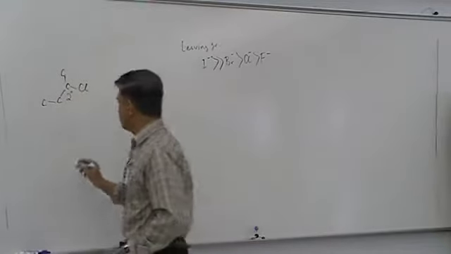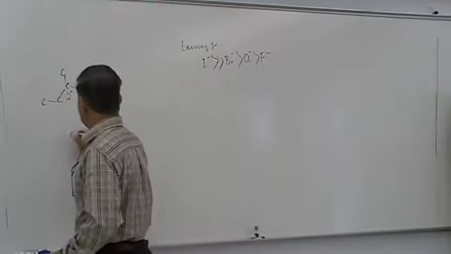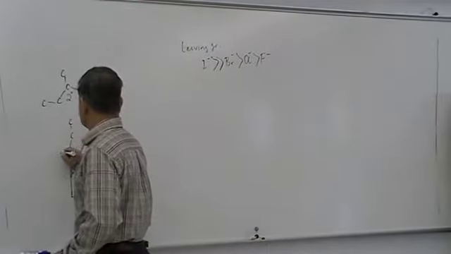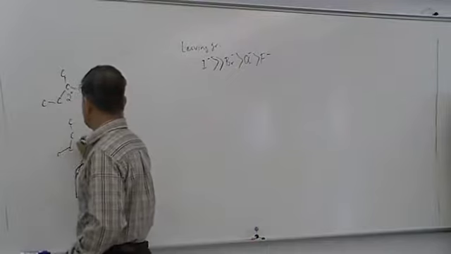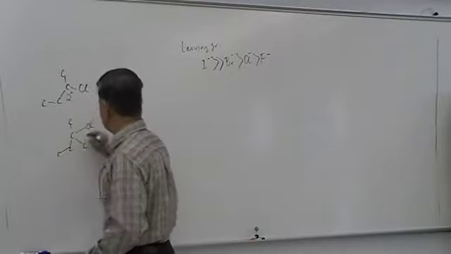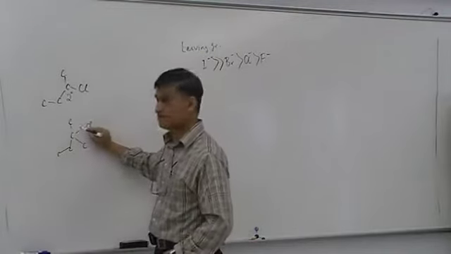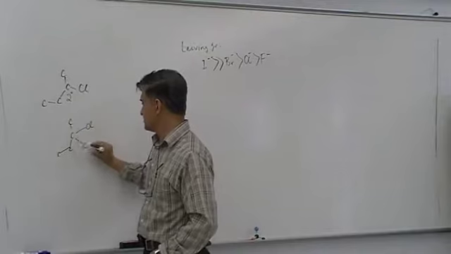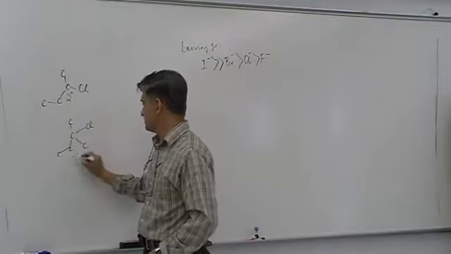Now if I have 3 degree, then it will look like this. I'm writing on C and say another C here. This is 3 degree because the carbon which is holding Cl is bonded to 3 other carbons. This carbon, this carbon, this carbon. So that's 3 degree.